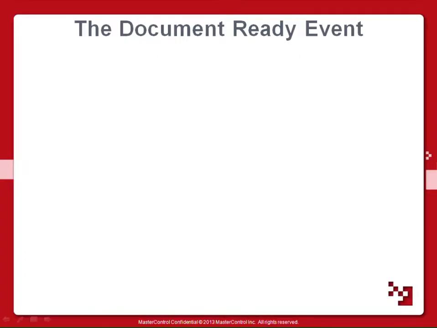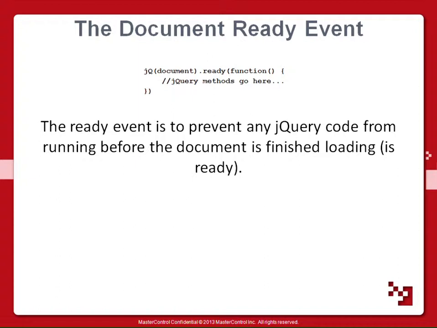Okay. All right, so the document ready event. This is another great part about jQuery. With JavaScript, for those of you who have experience with JavaScript, when you create a function, and a function is a set of commands that does something on your form, a lot of times you have to tie it to a field.